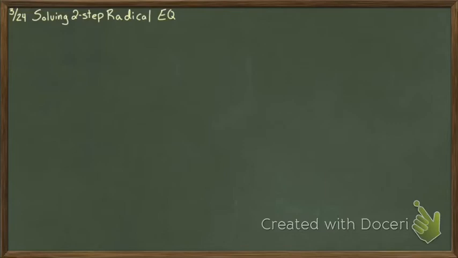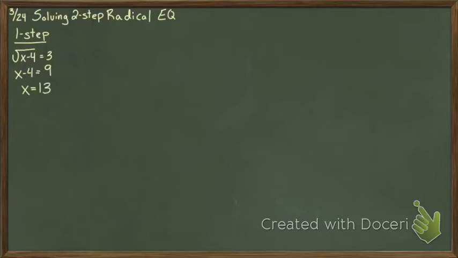So an example, if a 1-step equation that you might have possibly seen yesterday might have looked something like this. The square root of x minus 4 equals 3. So I would square both sides. I would add 4 to both sides.